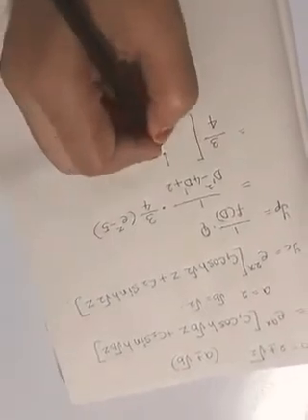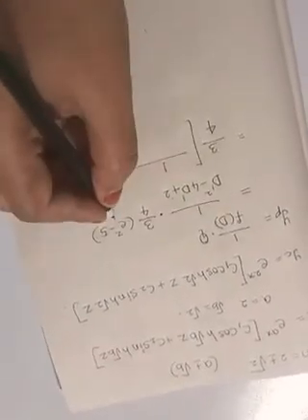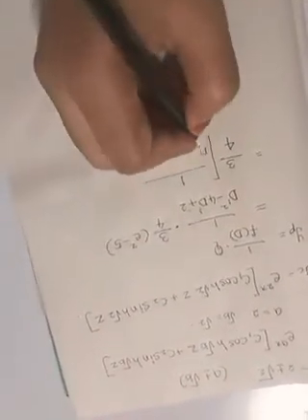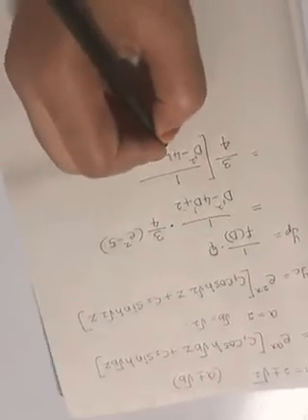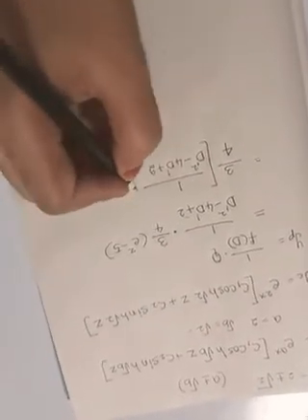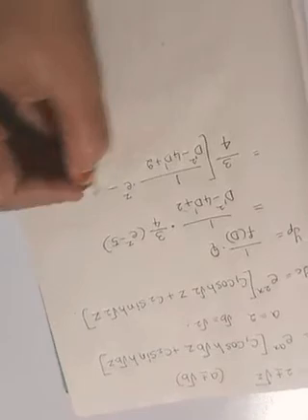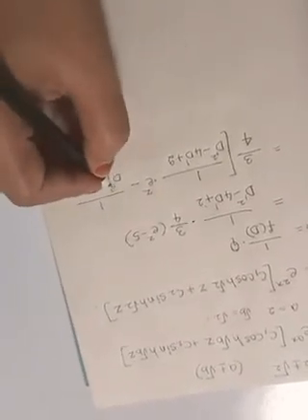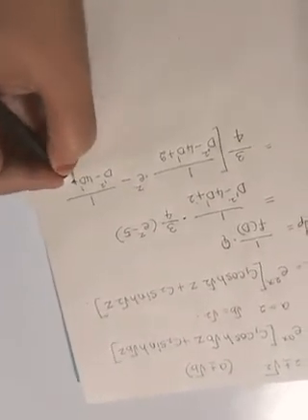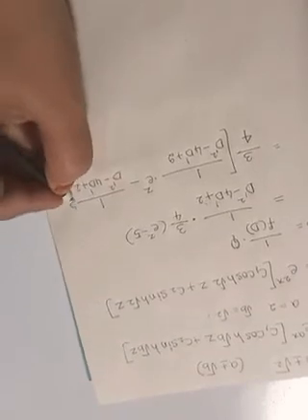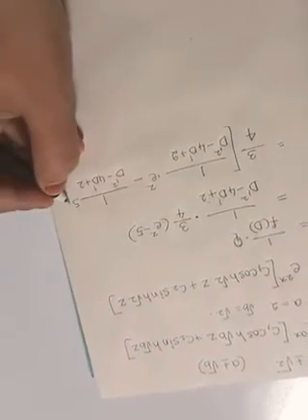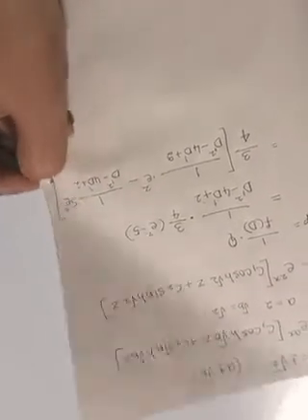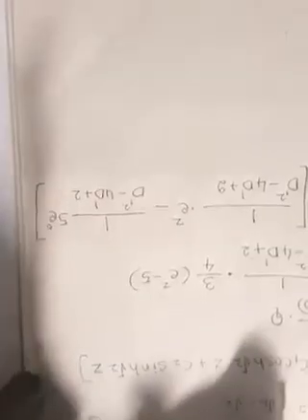Okay, now we have e to the power of z minus 5. So I'm dividing, d dash square minus 4d dash plus 2 into e to the power of z, minus 1 by d dash square minus 4d dash plus 2 into 5. Here we don't have an exponential, so we have to take e to the power of 0, right? e to the power of 0 we have to take.